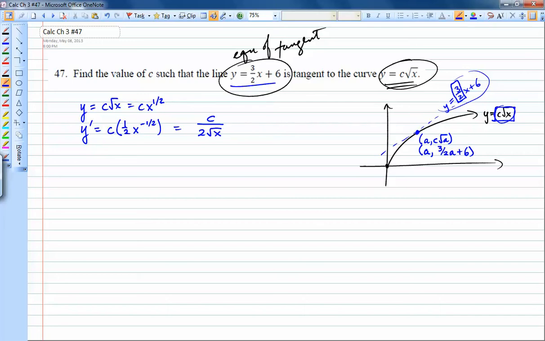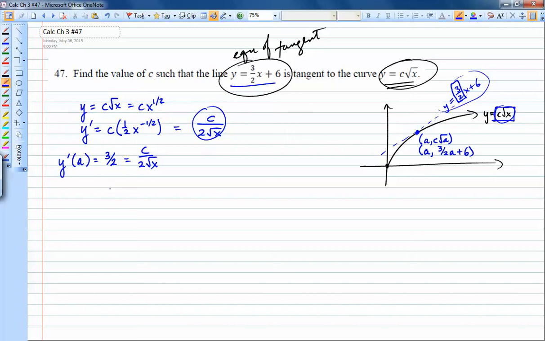So that's the derivative of the square root function that I have. So what I want to do now is I know that y prime at a is 3/2. So if I plug in a into this function, my slope function, I get that.